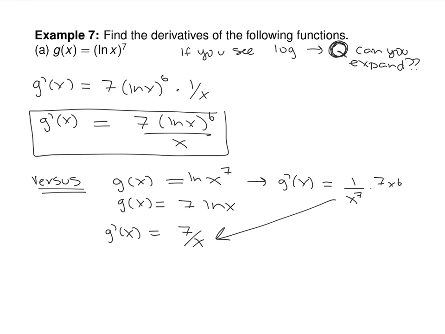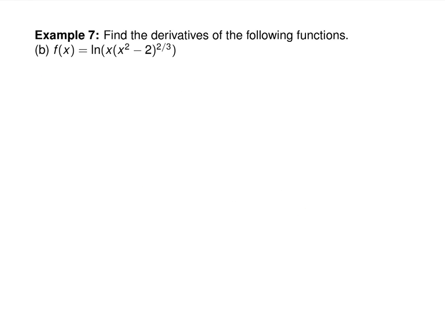It's just that when the things inside of your logs get significantly more complicated, in this problem, not recognizing you can expand is not a problem. But in part B, it could be more of a problem. If you didn't see that you could expand this, you'd have to use the chain rule and the product rule and the chain rule again. Or you can be like, oh, log of a product.